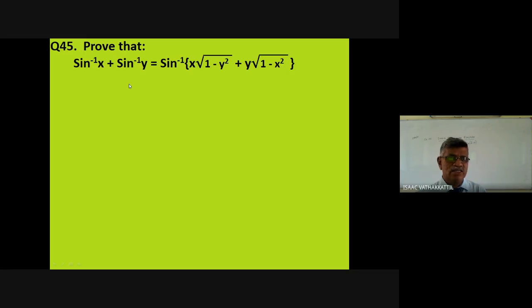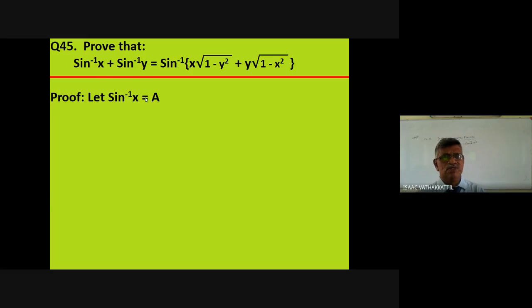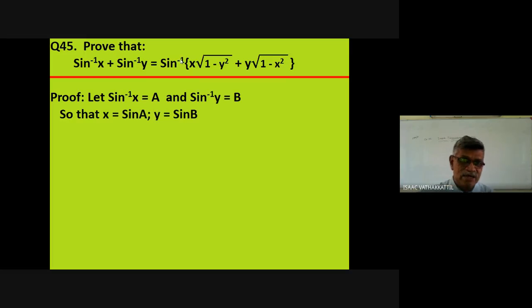So as usual, let us make a substitution. Let sin inverse x equal to a, so that x equal to sin a, and we put sin inverse y equal to b, so that y equal to sin b. So we have x equal to sin a and y equal to sin b. Now when you take up the right side, there is under root 1 minus y squared and under root 1 minus x squared.